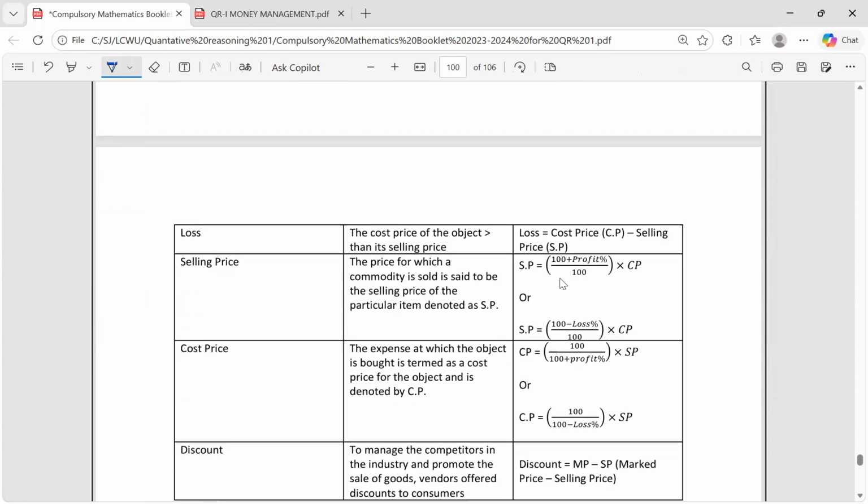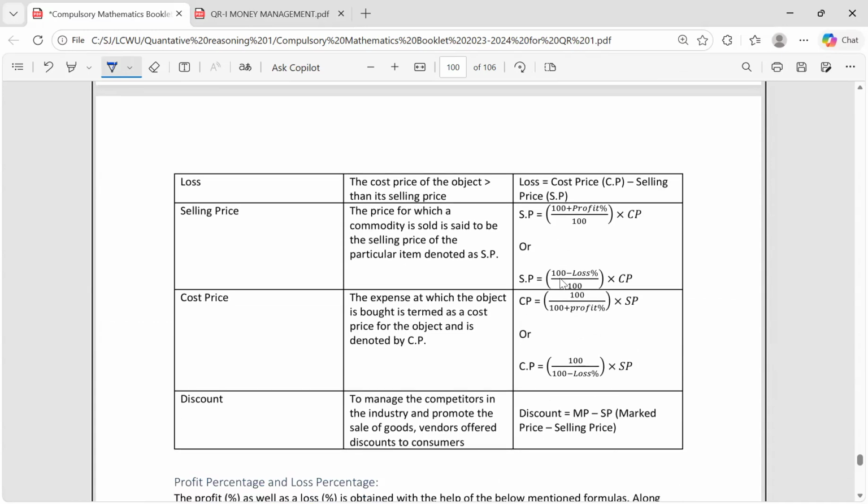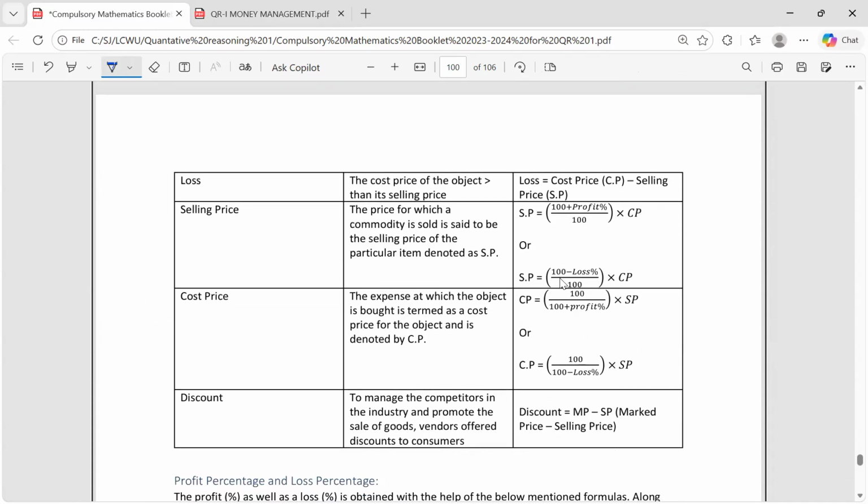Selling price is the price for which a commodity is sold, and this is found by (100 plus profit percentage) divided by 100, multiplied by cost price. Or in case of loss, you will simply write it as (100 minus loss percentage) over 100, multiplied by the cost price.